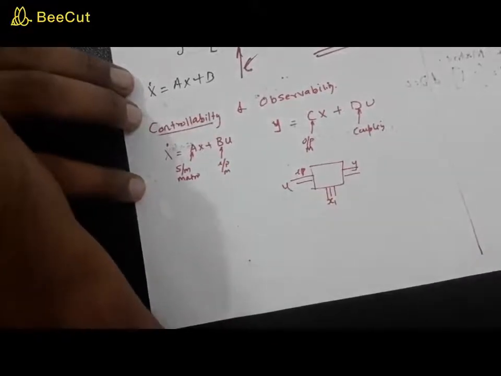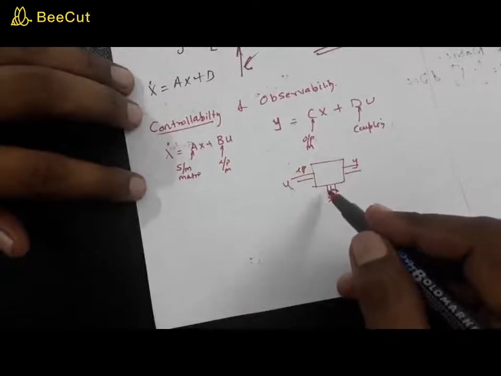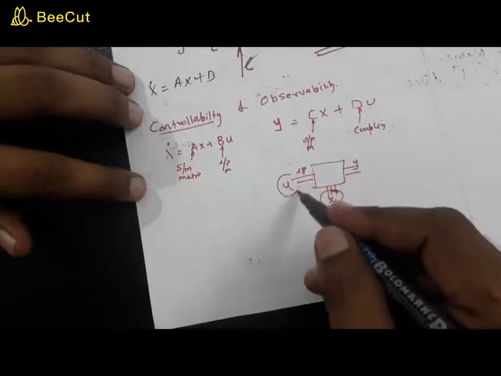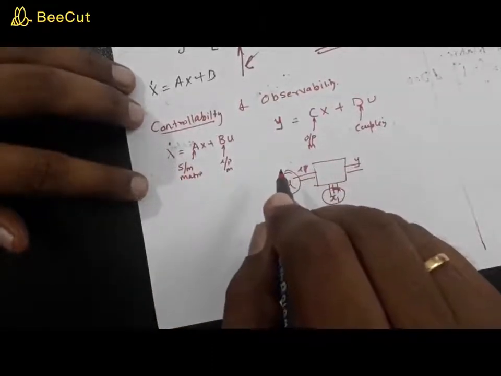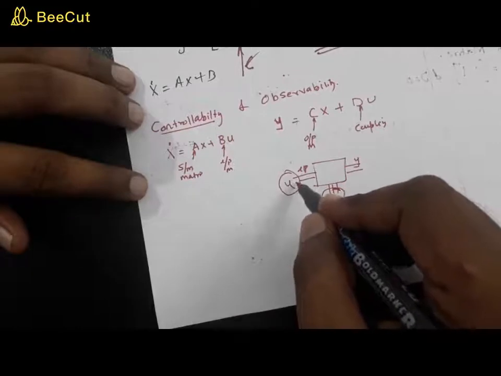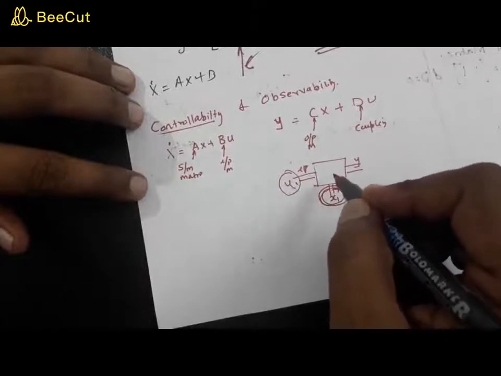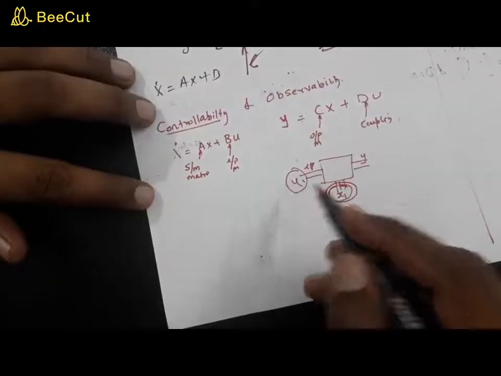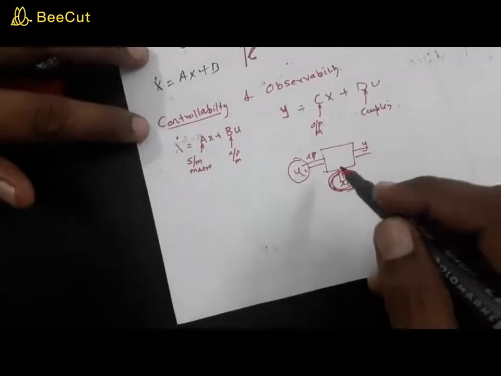Now if it is possible to control the state of the system via this input, then they are said to be controllable. That is, using this input, if it is capable of controlling the states of the system, then that system is said to be controllable. Using this input, you must have a control on the state, so that it's not going to get affected by the different states of the system.